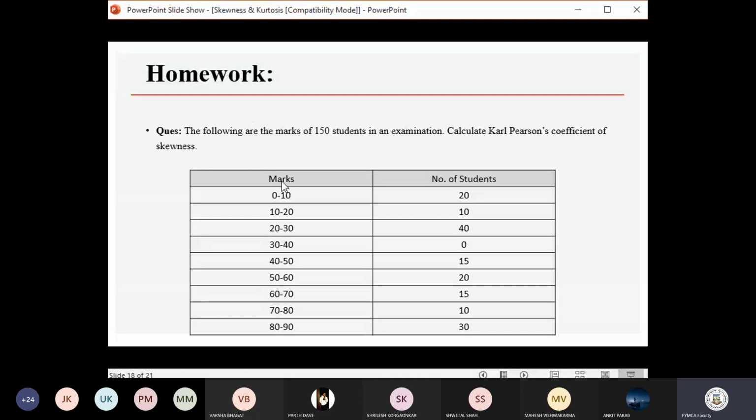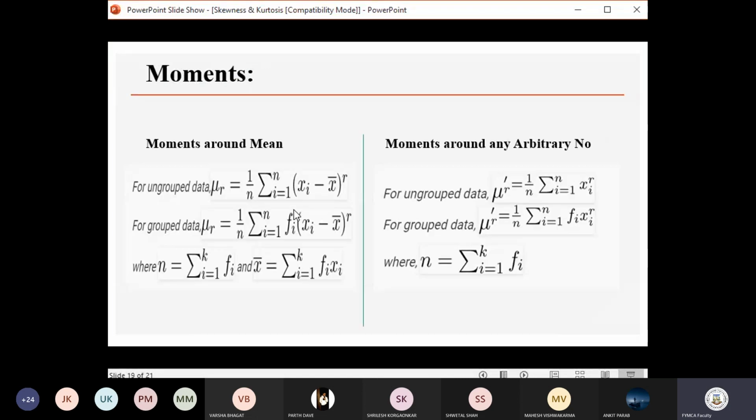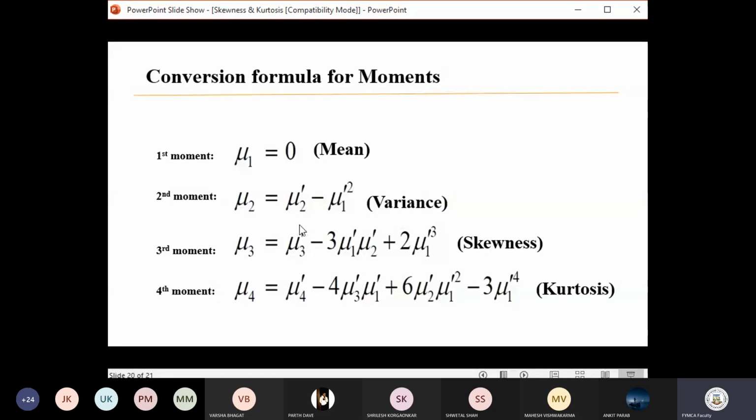So this was related to skewness, and you have some concepts related to moments that are not in your required part. You can have a look at moments also. Moments are nothing but the terms which we have studied. You have studied mean, correct? Then you have studied variance, that is variance and the standard deviation.